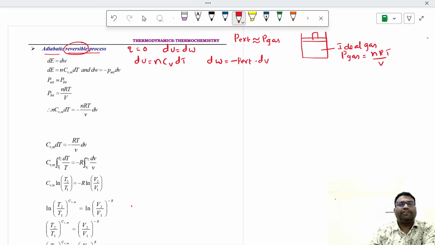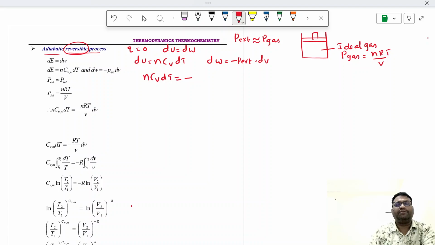So instead of external pressure, if I use the pressure exerted by the gas, then what do we get? n Cv dT is equal to minus, external pressure taken as internal pressure.